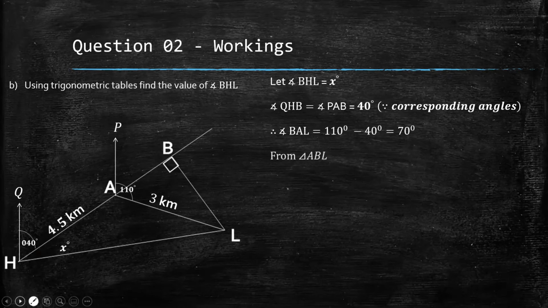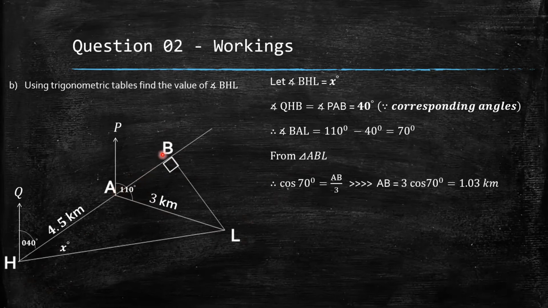So from triangle ABL, cos 70, which is this angle, equals the adjacent side divided by the hypotenuse.